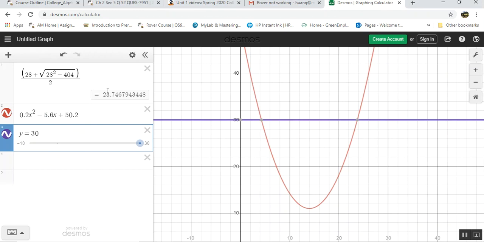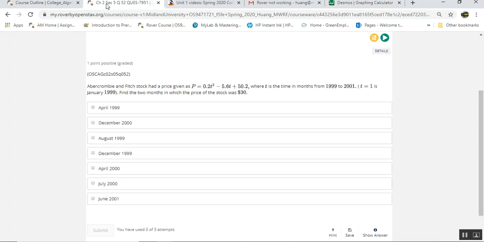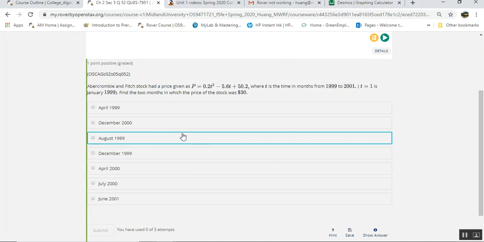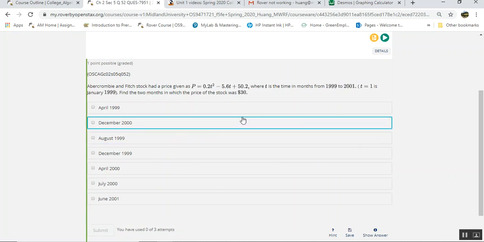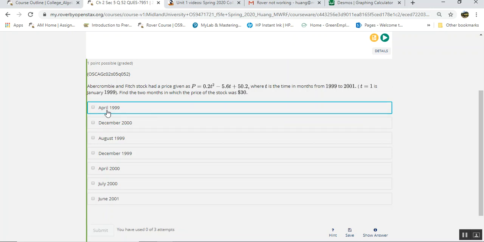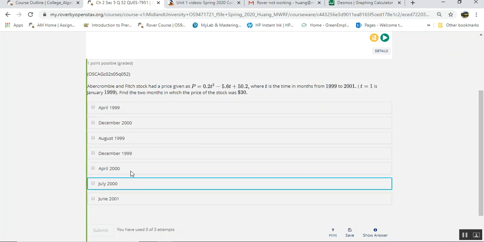That's exactly what we got from here, right? So I got the first solution. The other solution is right here. How do you get that? You just change this to a minus sign and it should give you that, but I'll leave this for you to complete. So this is my interpretation for this problem, and I actually solved part of it. I want you to solve the other one. So check two solutions for this problem.